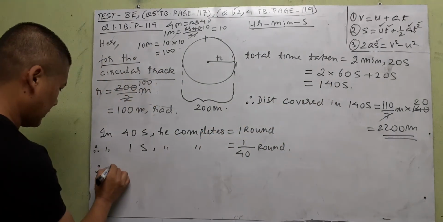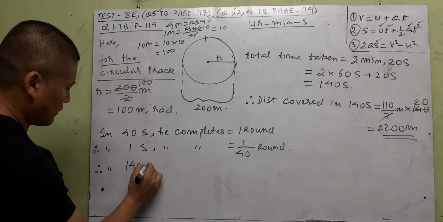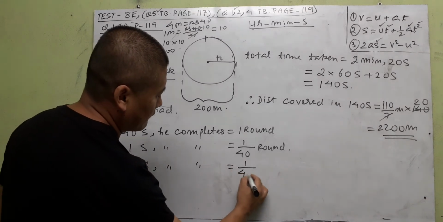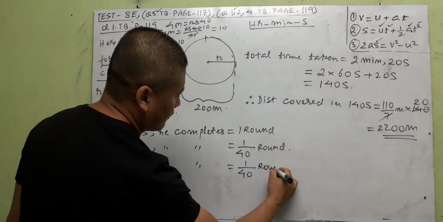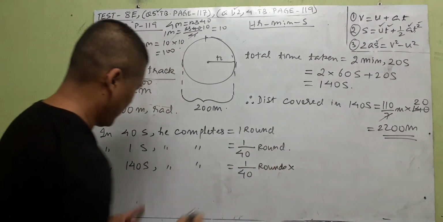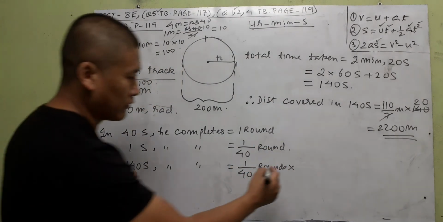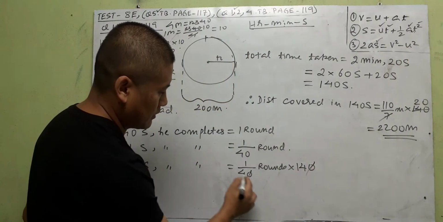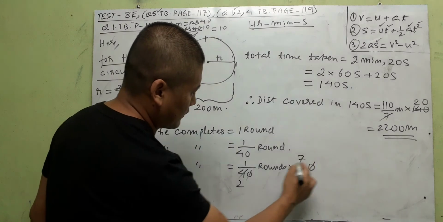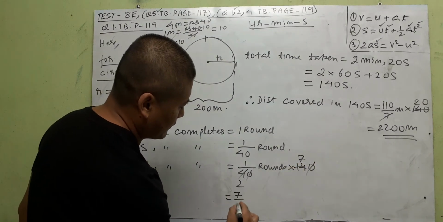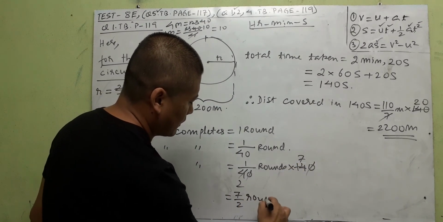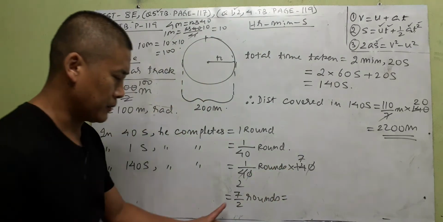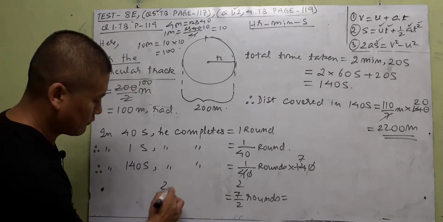So we write here, in actual time that he ran for 40 seconds, he completes 1 divided by 40 rounds multiplied to this number, isn't it? We know now how to do this. 0 0 cancel, 2 2 2 7s are 14. So 7 divided by 2 rounds in the total time that he ran, that he completed 7 by 2 rounds.